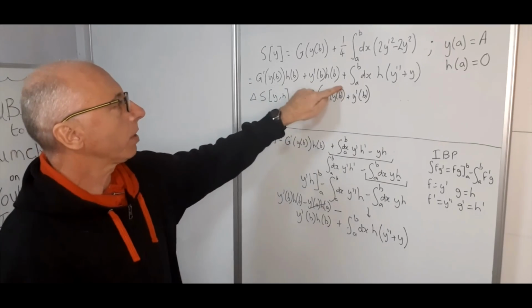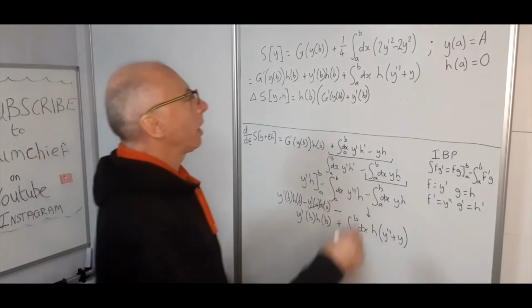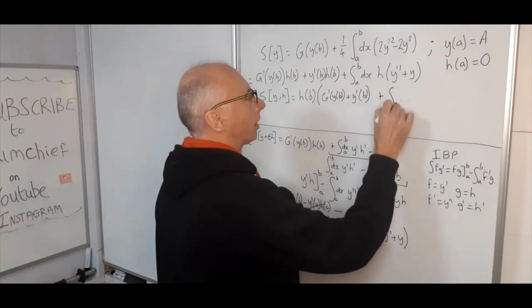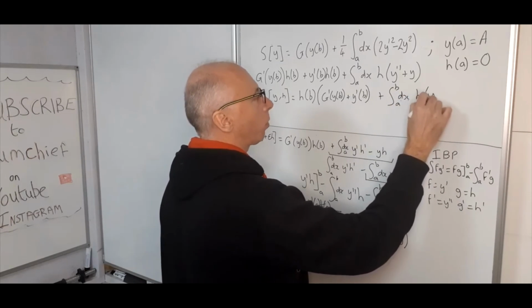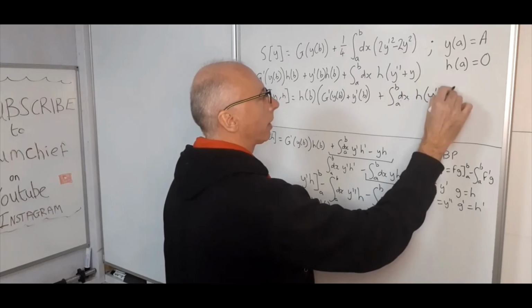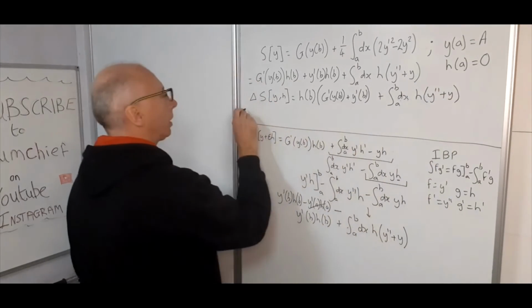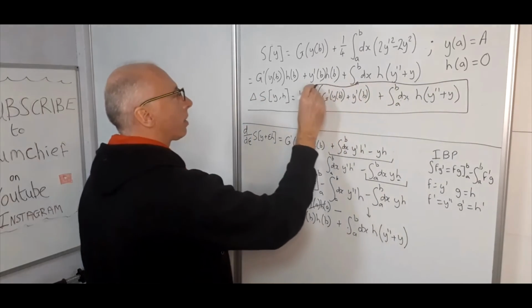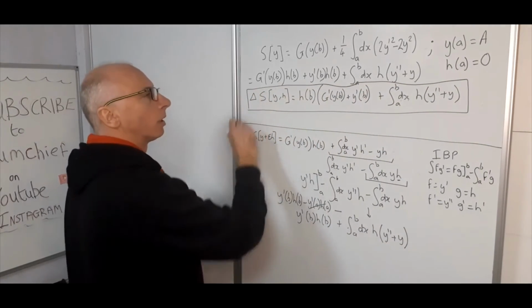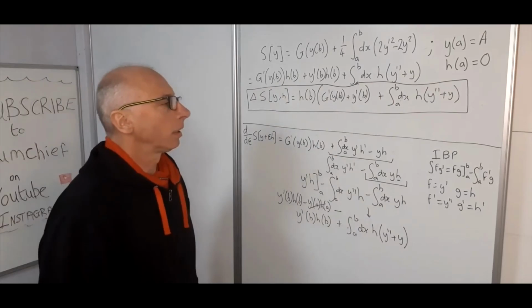That will take care of this term, and then this is our last bit here, which we just add, the integral from a to b with regards to x, h times y double prime plus y. And that is our Gateaux differential in its simplest form. Okay.